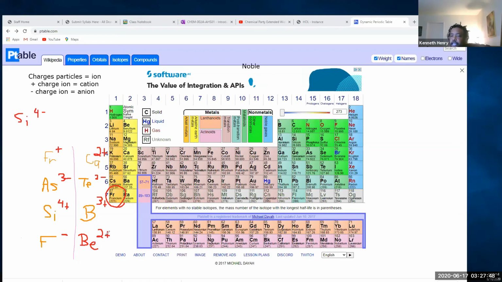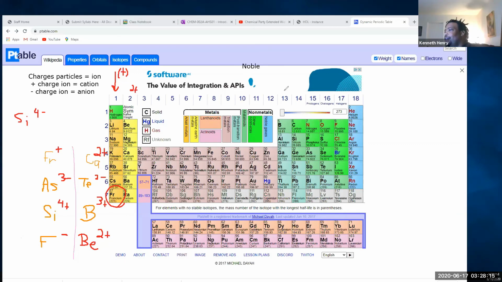Okay. So I'm going to tell you something now so you'll know. You can kind of keep it in mind. All of the ones here in group 1 are always going to form a 1+ ion. The ones in group 2 are always going to form a 2+ ion, because they're the same number away from that row.